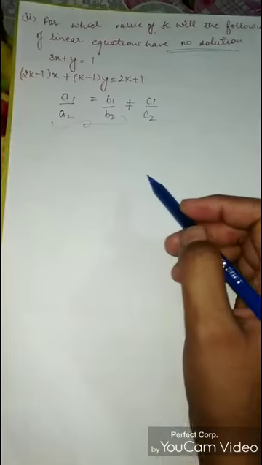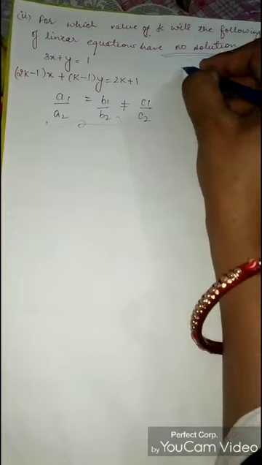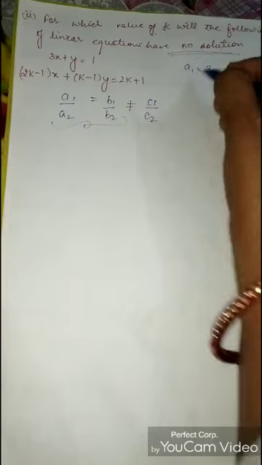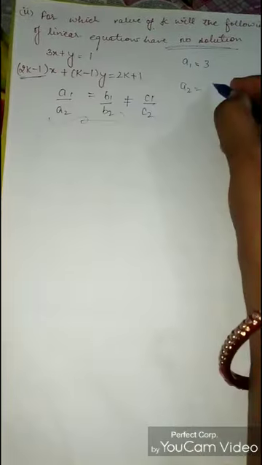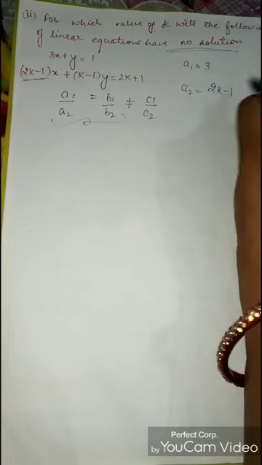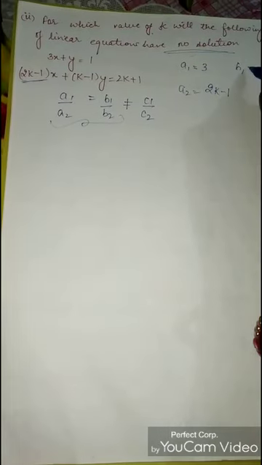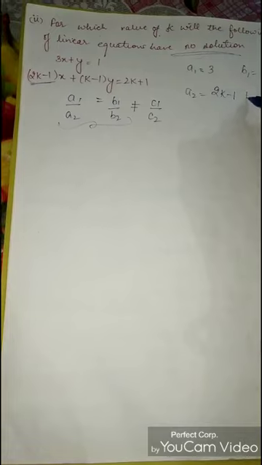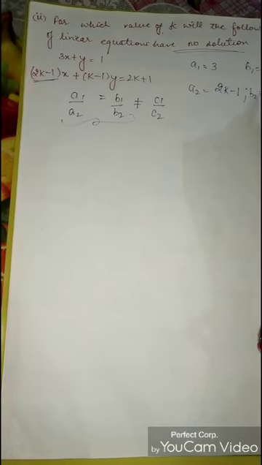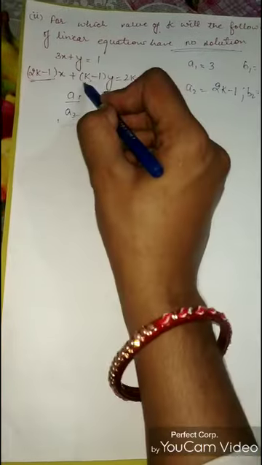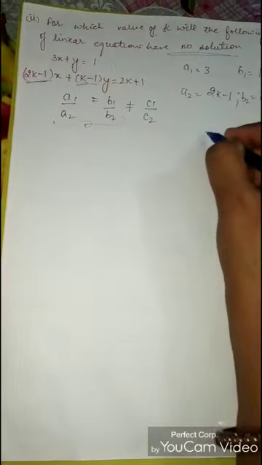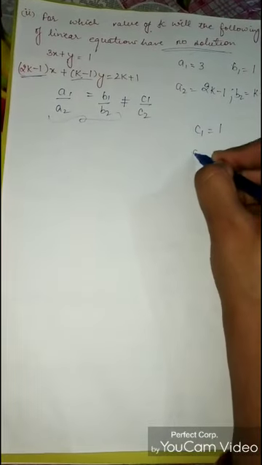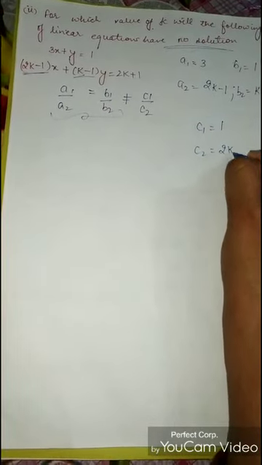So first I am writing here a1 is 3, a2, the coefficient of x, is 2k minus 1, b1 is 1 and b2 is k minus 1, and c1 is 1 and c2 is 2k plus 1.